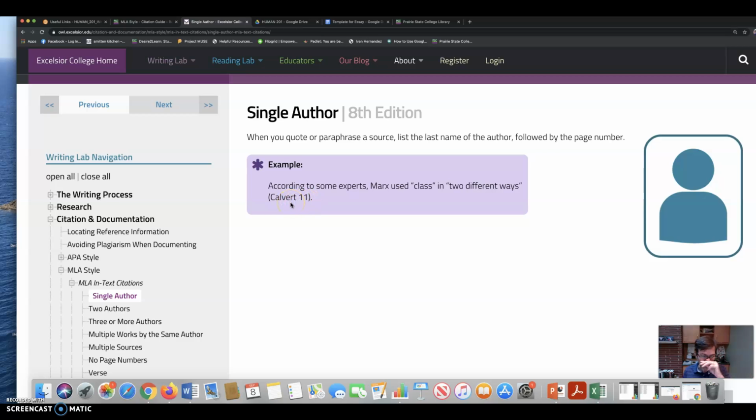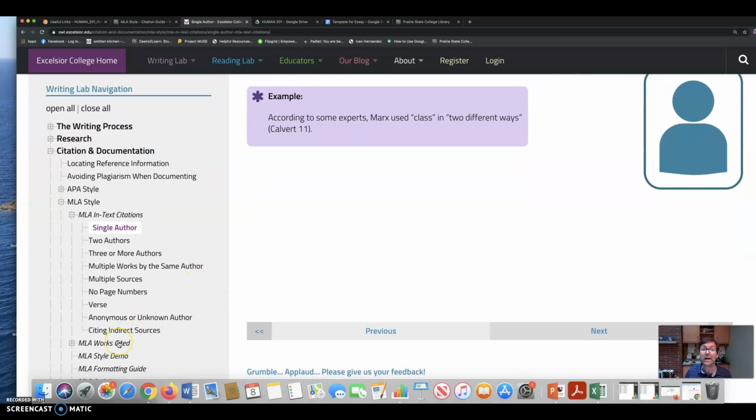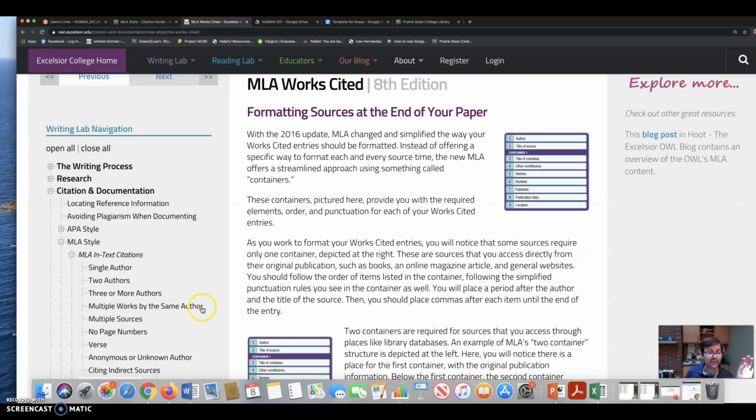Now, why is it important that we do it this way? Well, when we look at the citation in your text, let's say you're writing about Calvert, so we see in the parentheses Calvert, now we know where to go in the works cited page. When we went to the works cited page, presumably we would find a heading starting with Calvert.